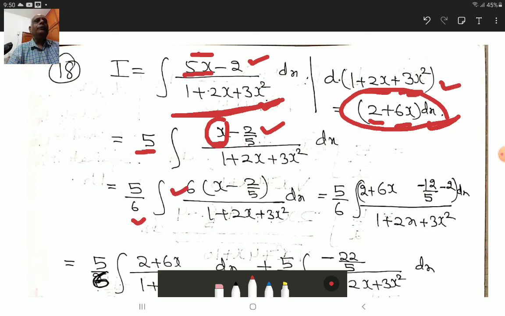So whatever you want, multiply numerator and denominator by that number. If you want 6x, multiply by 6. If you want 2x, multiply by 2. Now open the brackets in numerator. It becomes 6x minus 12 by 5 that I have written here. But I need 2 plus 6x. So I have added 2 and subtracted 2 also. You see, 6 into x, 6x, it is present here.